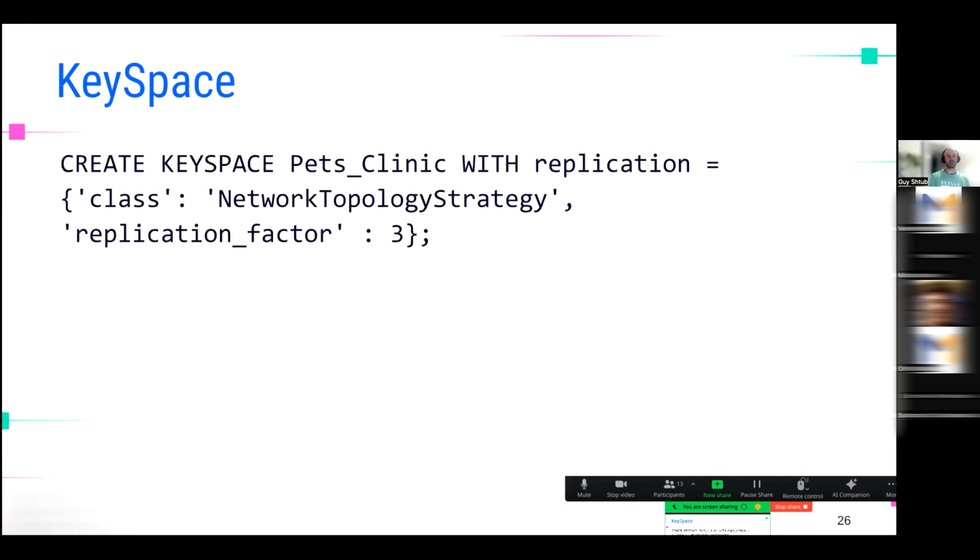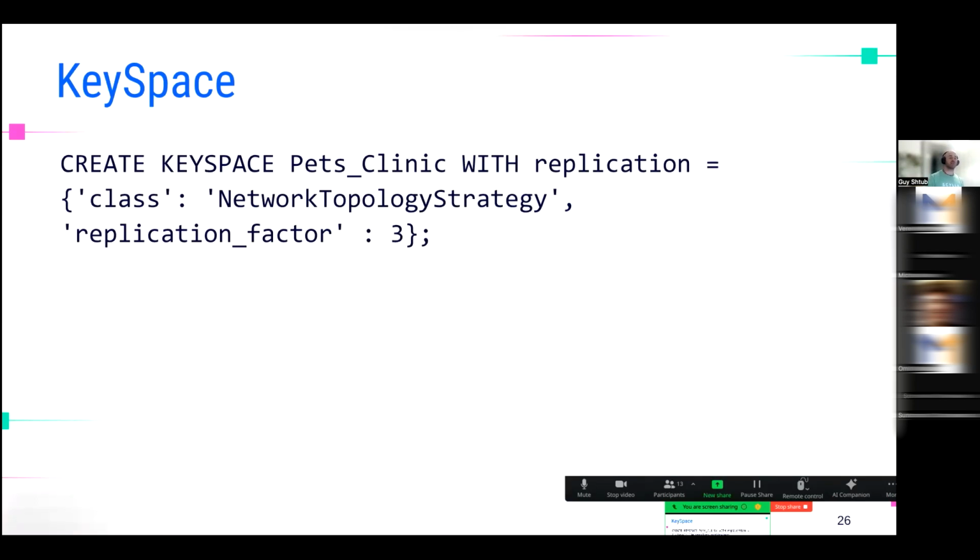I'll show you another example which better explains how it's structured on the hard drive. So this is a key space. We already saw this example, and this is how we would create a key space.